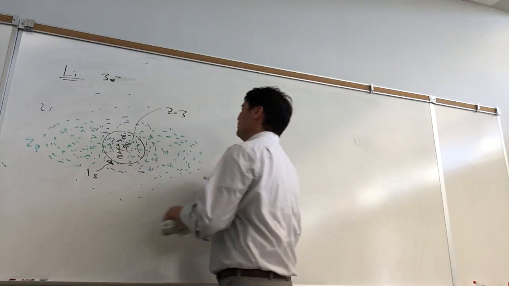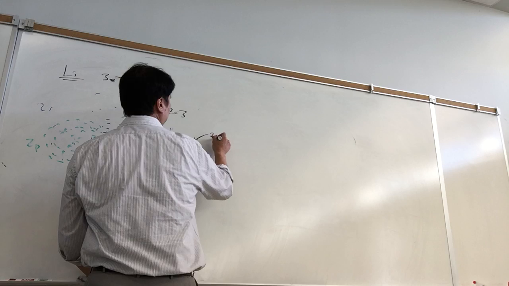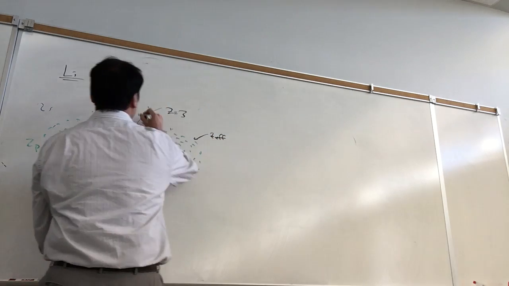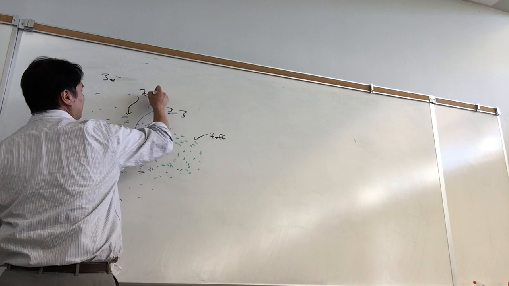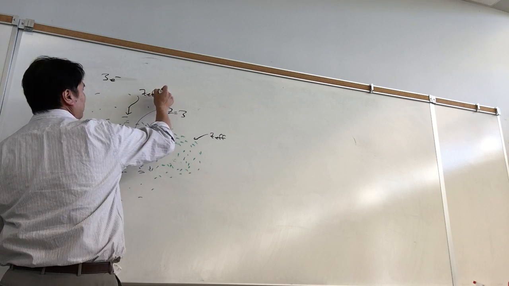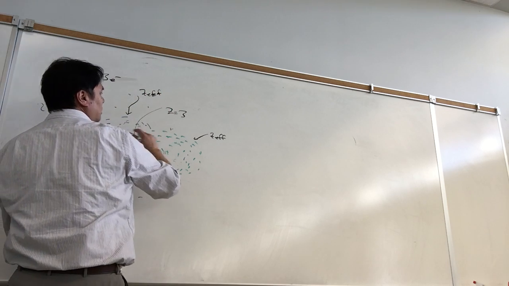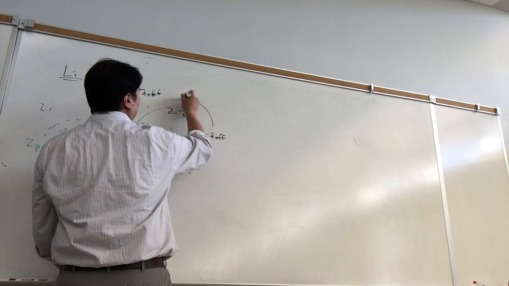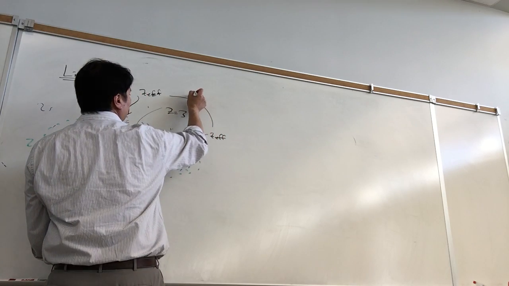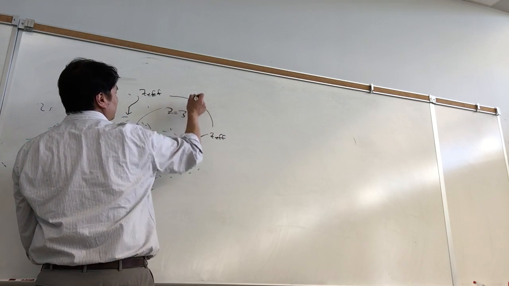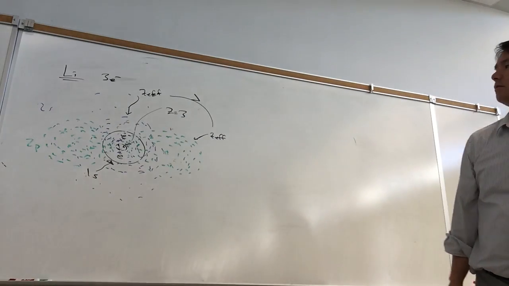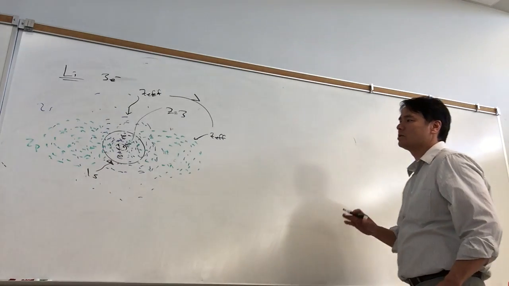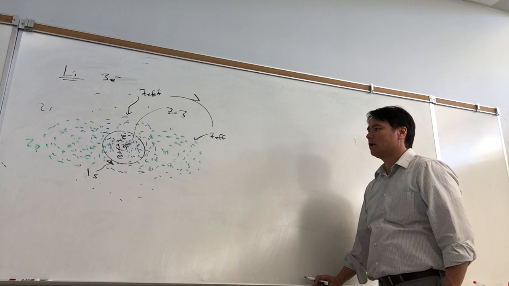The 2s and 2p have a different Z effective. The Z effective here goes like this. The 2s are going to have a greater Z effective. The 2p are going to have a smaller Z effective. And the greater the Z, the more stabilizing this is.